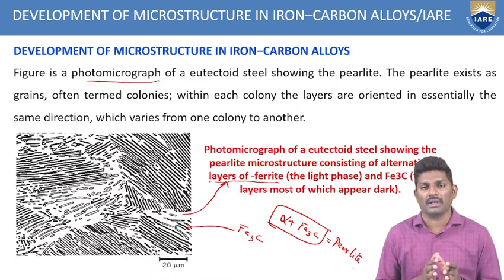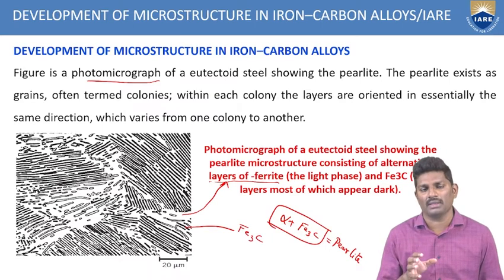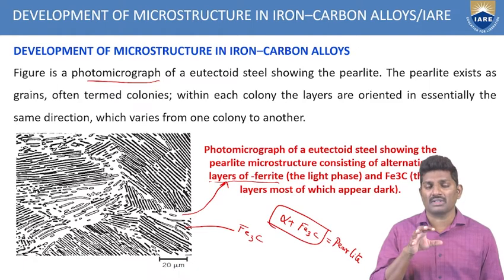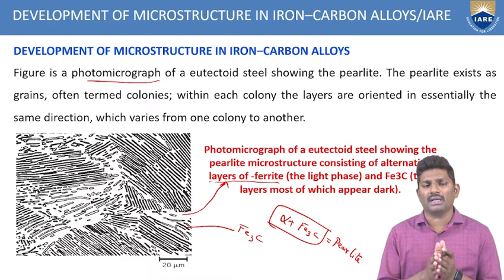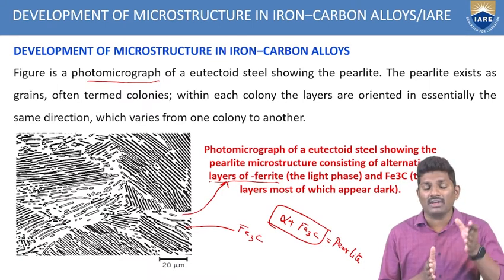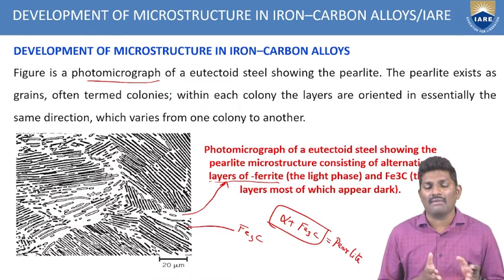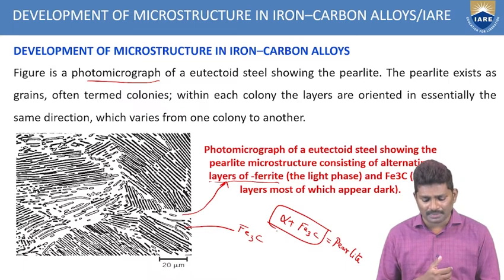This is how you have to remember. By seeing any microstructure, it is very easy for us to identify which type of material it is, or what the microstructure of this is. So if any material has alternate layers with the combination of alpha and Fe3C, the thick layers you are seeing here are called Fe3C, and the thin layers are called ferrite.